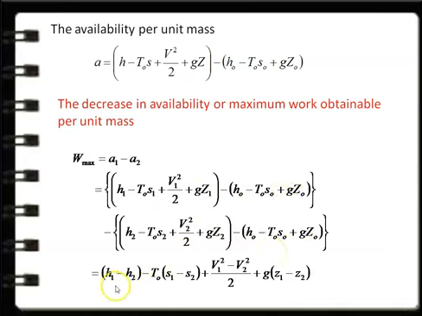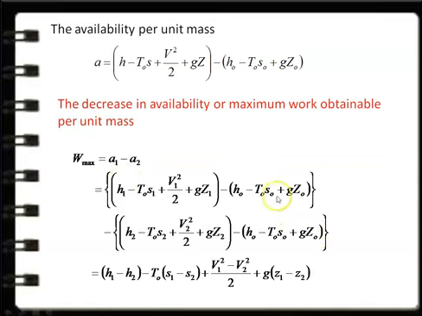Finally, what is left is h1 minus h2 plus T0 into s1 minus s2 plus V1 square minus V2 square by 2 plus g into z1 minus z2. This is the W max, the change in availability, the decrease in availability, which is the maximum work obtainable from the system in a steady flow process.